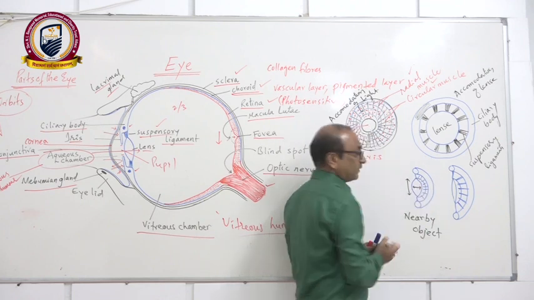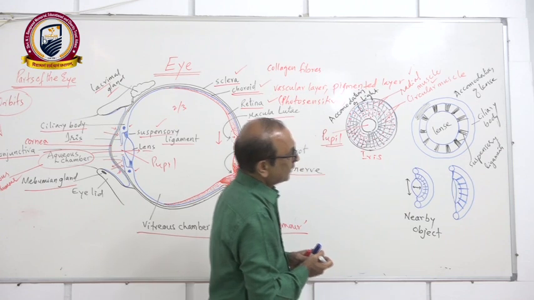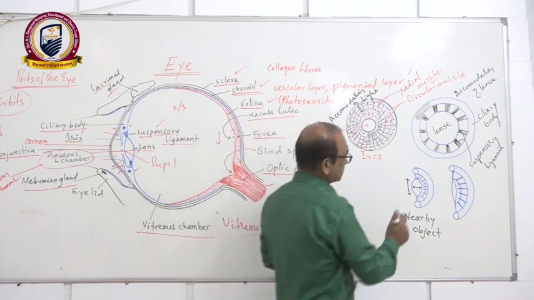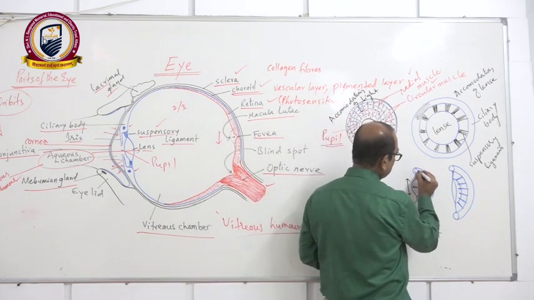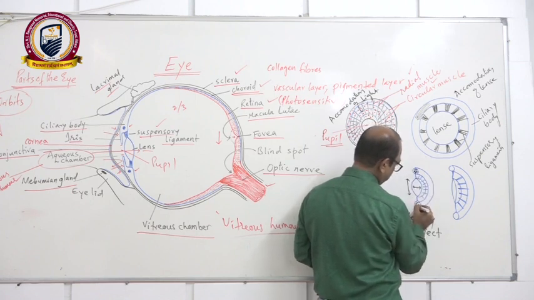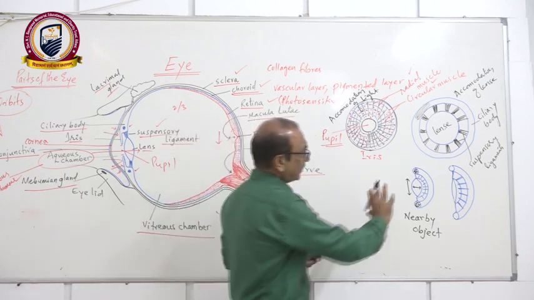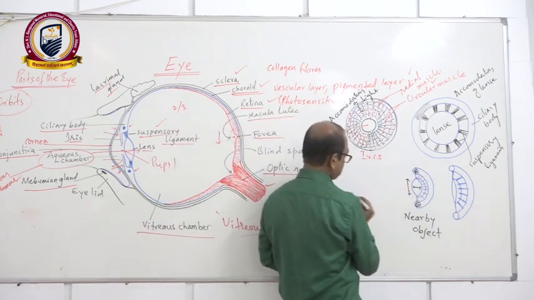This is a three-dimensional view I have drawn. So what is happening here is the circular muscles in the ciliary body undergo contraction.